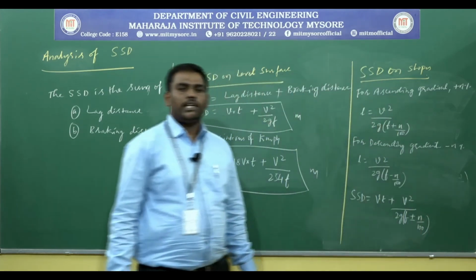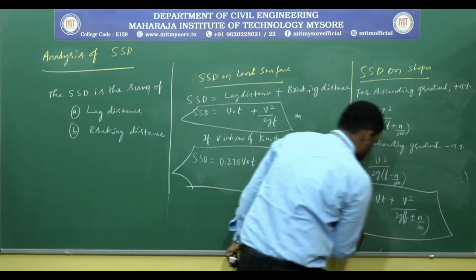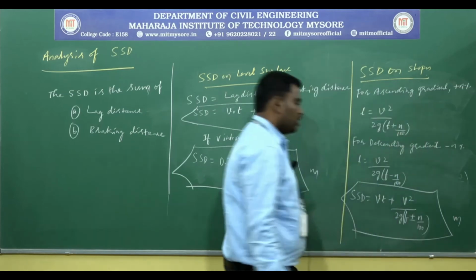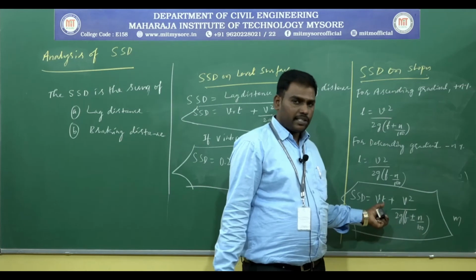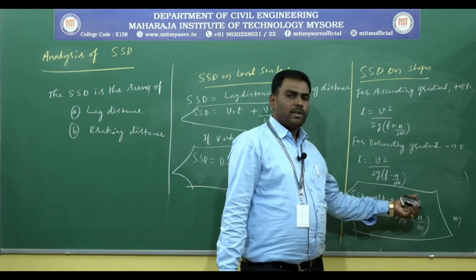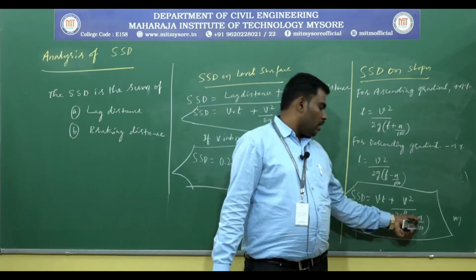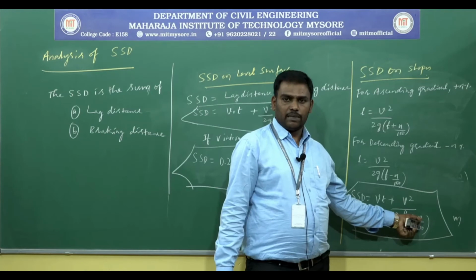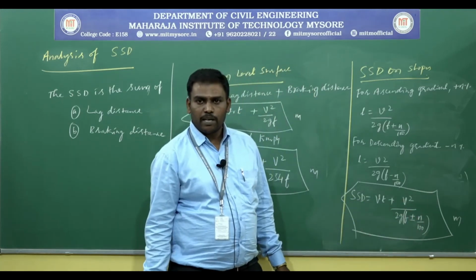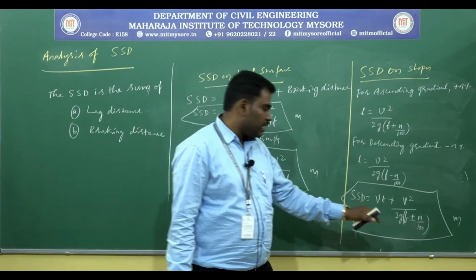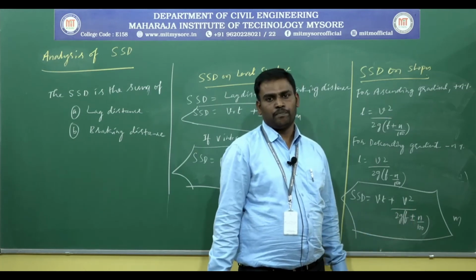If you use this relation to find the stopping sight distance on slopes, you will get the answer in meters, where Vt is the lag distance, and V square by 2g (f plus or minus n divided by 100) is the braking distance on slopes. Use a plus when an ascending gradient is given, and use a minus when a descending gradient is given.